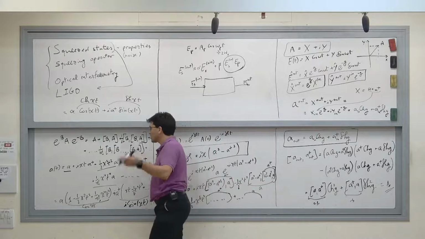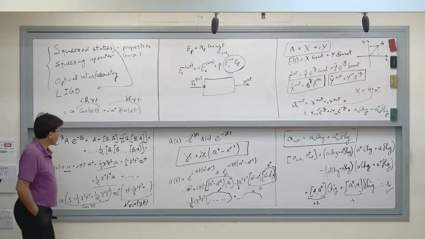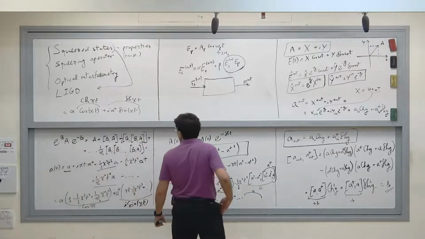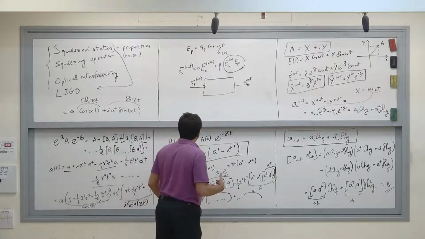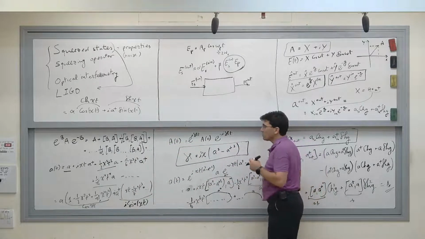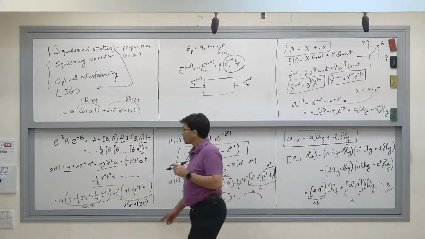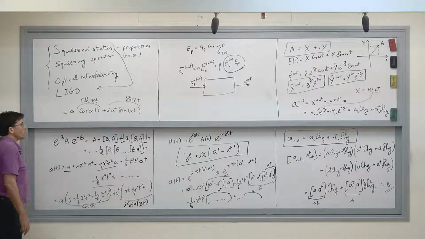You may make the corrections, everything works. Now, so we found what the Hamiltonian that generates this is. Now, let me try to explain.